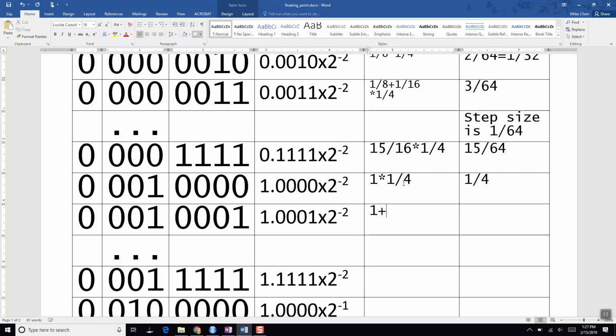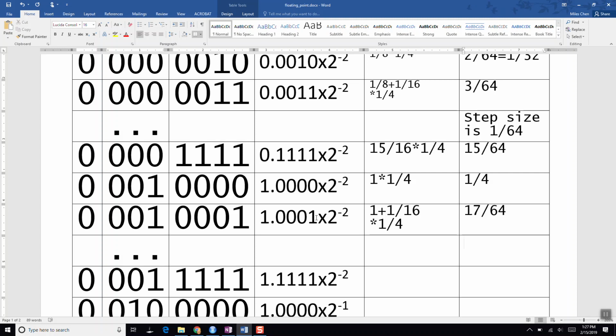So my mantissa now has a leading bit digit of 1, and this is 1 plus 1/16, right? Okay, and I'm still multiplying by 1/4, and so this is equal to 17/64.